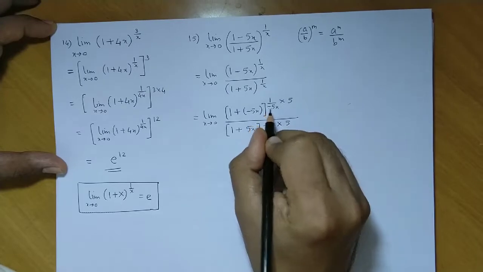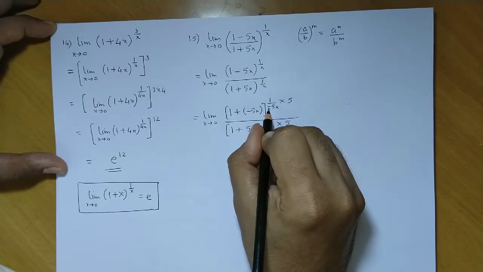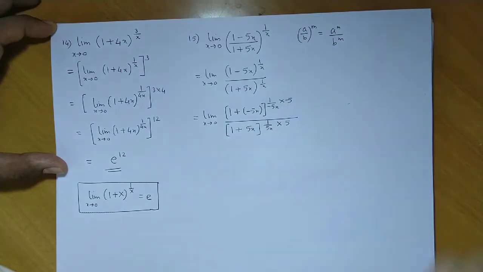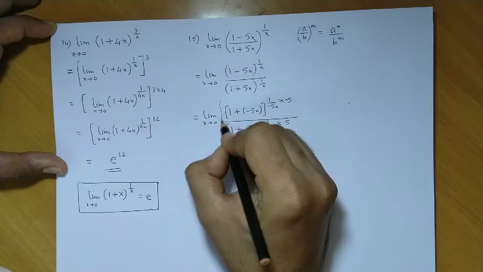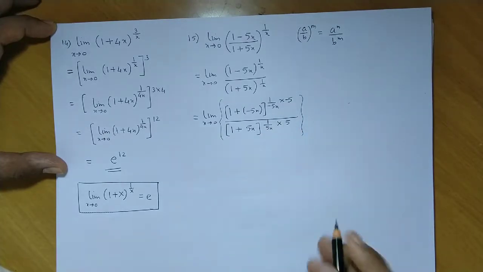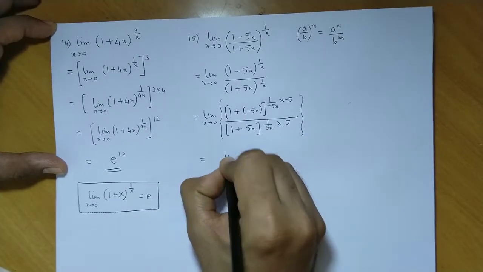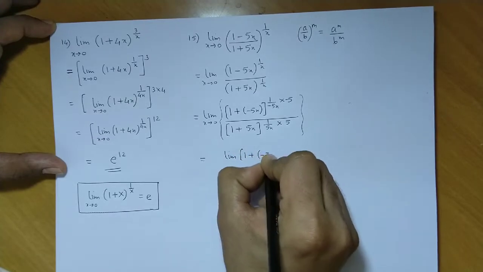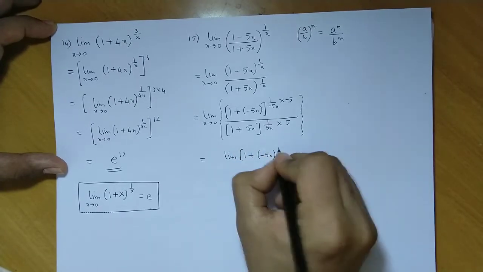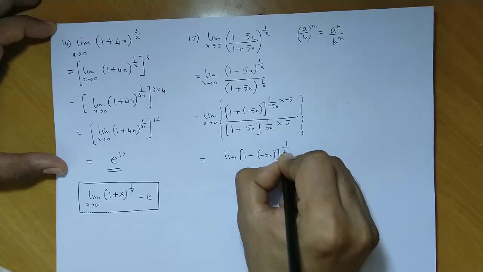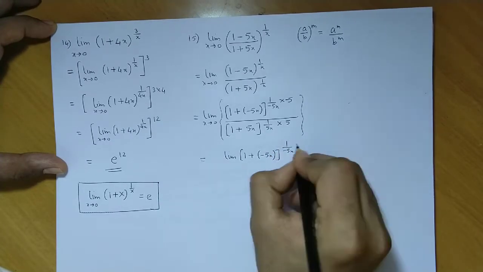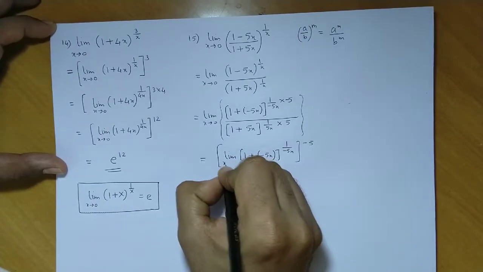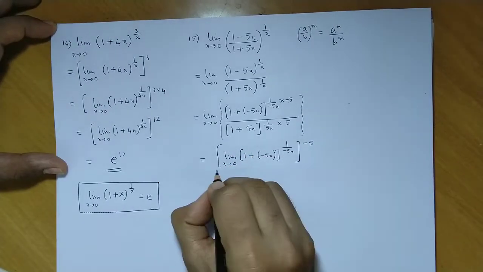Now I made a silly mistake here. See, I've divided by minus 5, so I need to multiply by minus 5 here. Now what we do is, we separate the two limits. So the first limit would be limit of (1 plus minus 5x) raised to 1 upon minus 5x, the whole thing raised to minus 5, as x approaches 0.